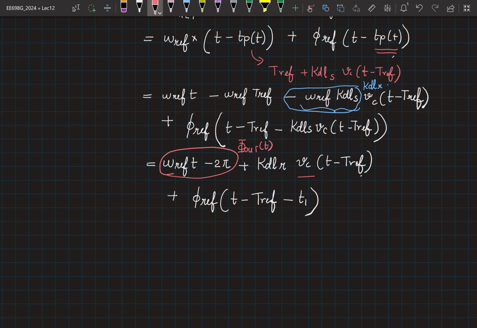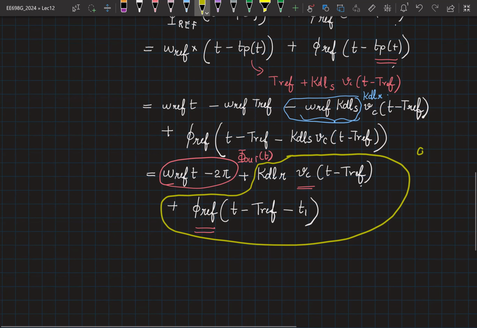This term is coming because of a change in Vc. This is the small signal phase at the input getting delayed by whatever is the delay of the VCDL. Right? So you have two terms. Now this whole portion is your small signal phi out of t. Okay. Quickly tell me, between Tref and T1, which of these terms do you expect to dominate?